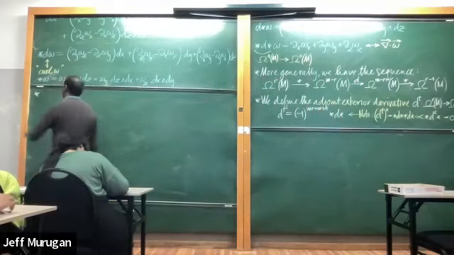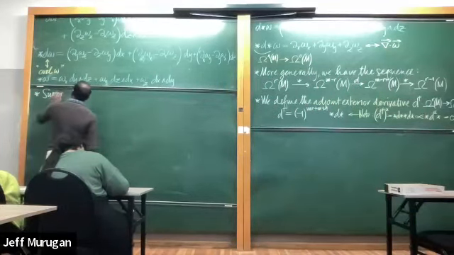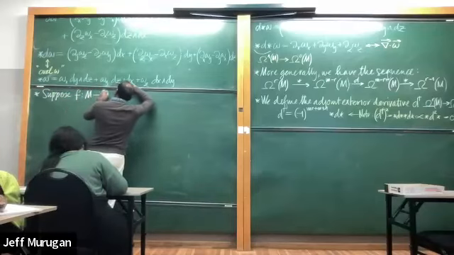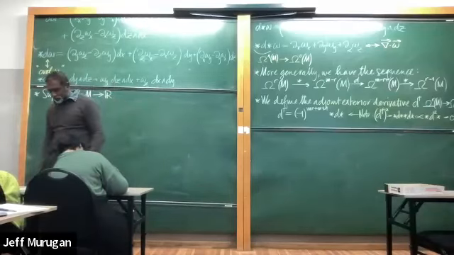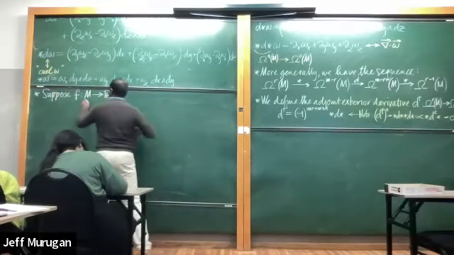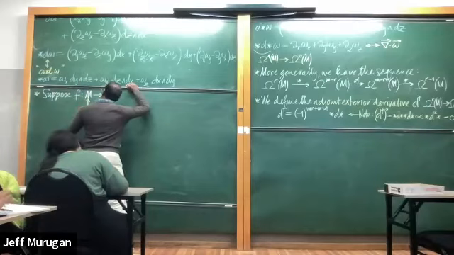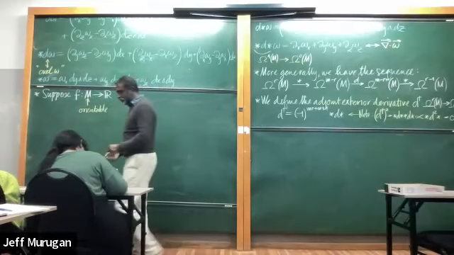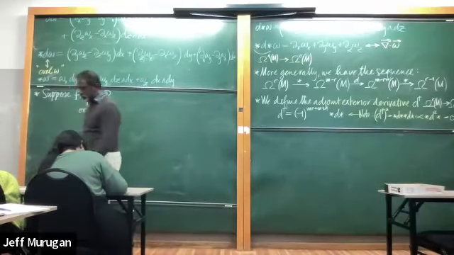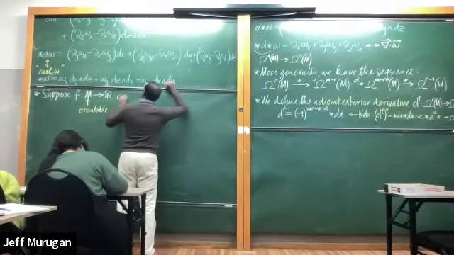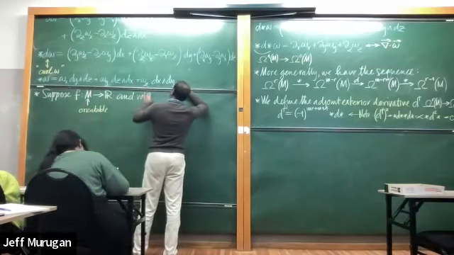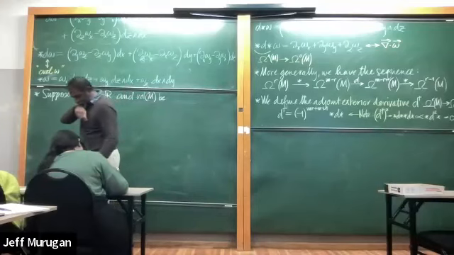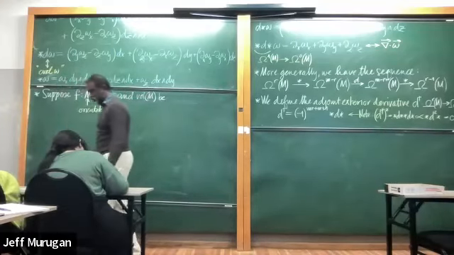Suppose I have some function f from the manifold M to R. This is some real-valued function on the manifold, and I'm assuming that M is an oriented manifold, so I can actually do integration on the manifold. And I'm going to assume that vol of M is the volume element on M.